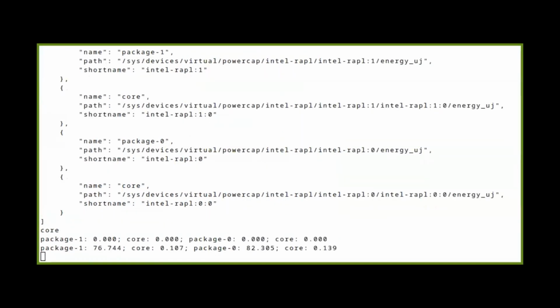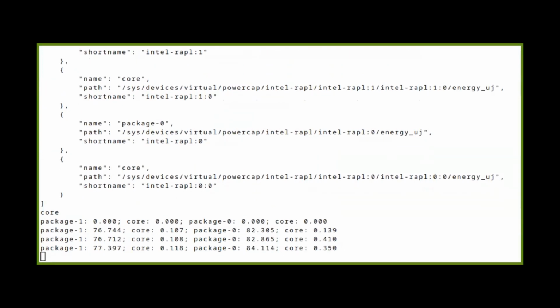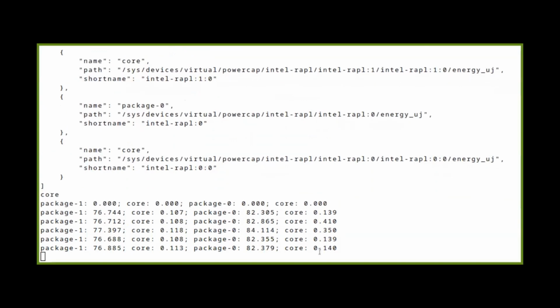If I run something more expensive, I'm just going to run a little GROMACS benchmark. Let me see.